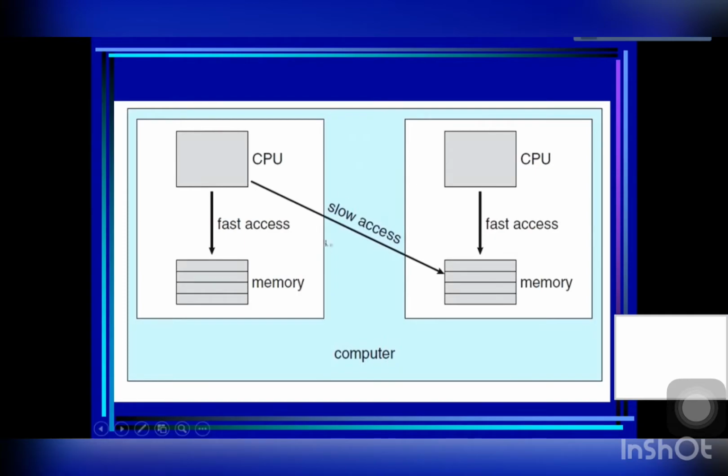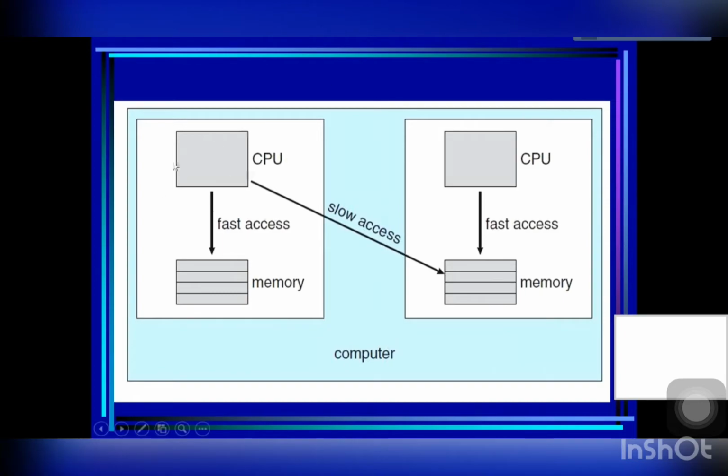Typically, this occurs in systems containing combined CPU and memory boards. The CPUs on a board can access the memory on that board faster than they can access memory on other boards in the system.